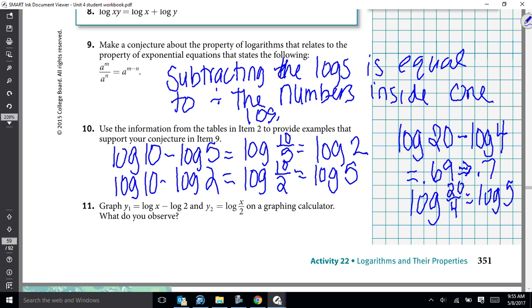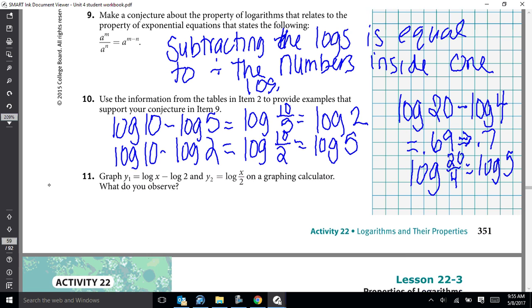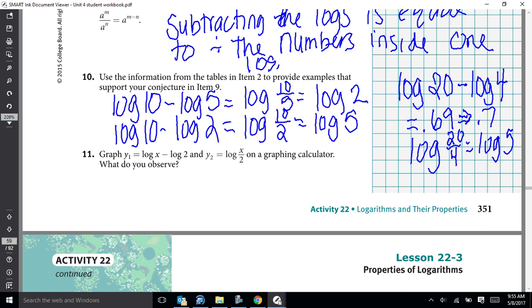Alright, so it says graph it, so we're going to do a visual. What would we expect the graphs of log of x minus log of 2 and log of x divided by 2 to look like?